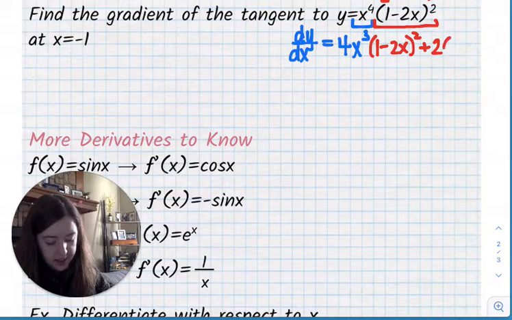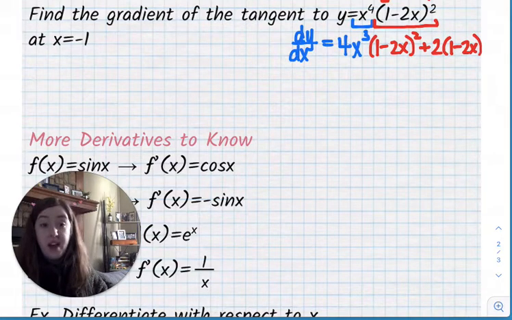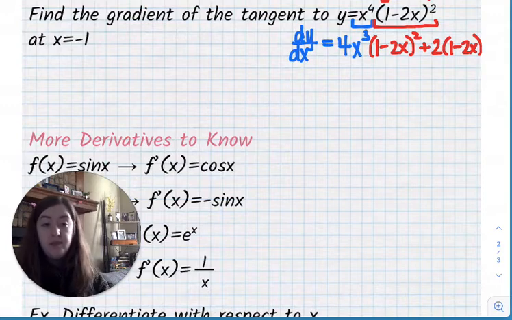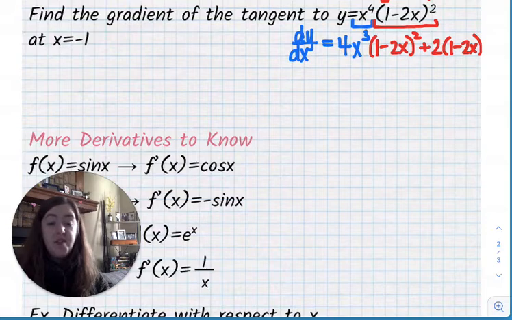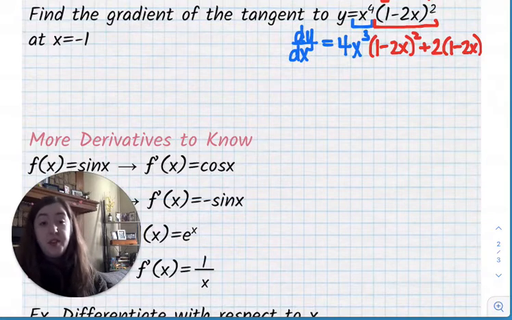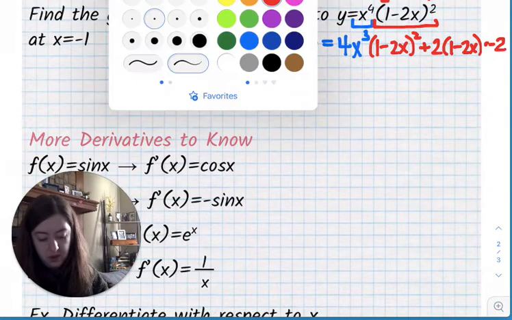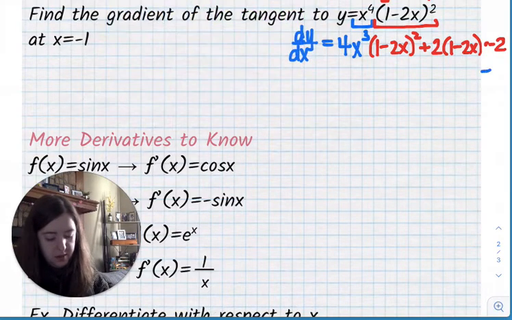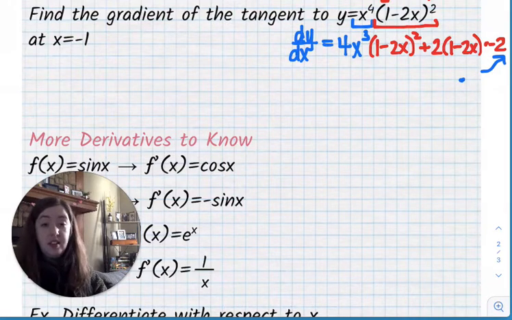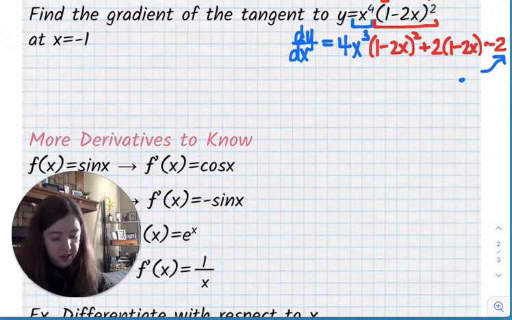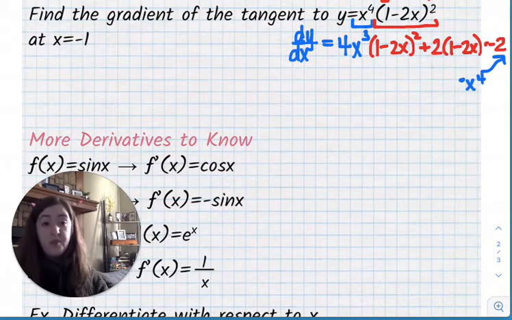Inside stays the same. Subtract 1 from the power, so now it's just 1. Then we'll multiply by the derivative of the inside. The derivative of 1 is 0. The derivative of -2x is -2, so we'll multiply by -2. Times my first, which was x to the fourth.